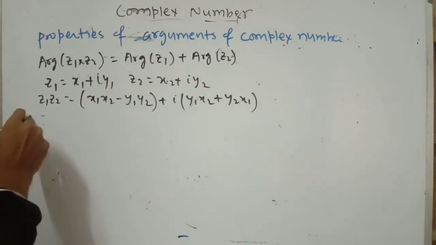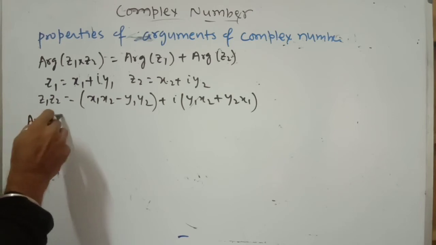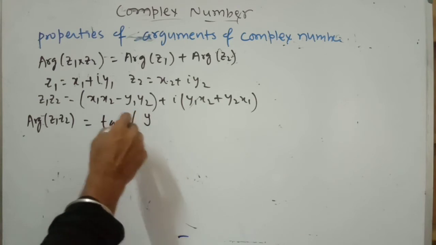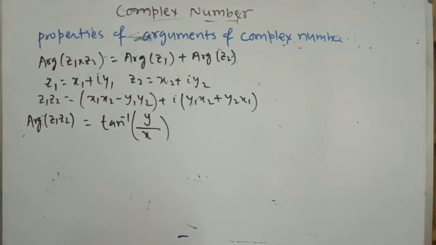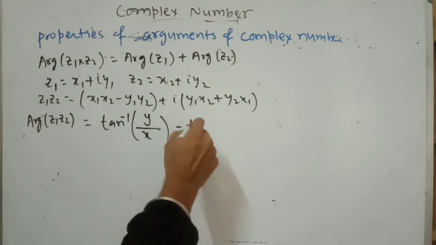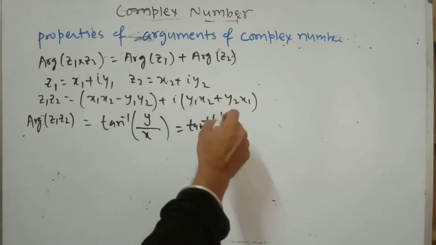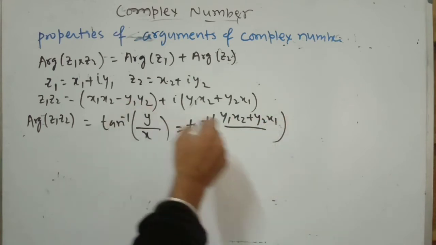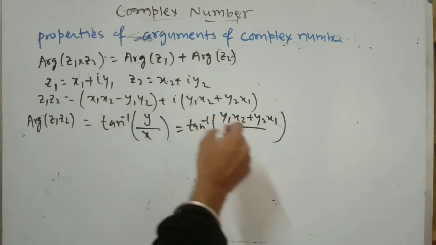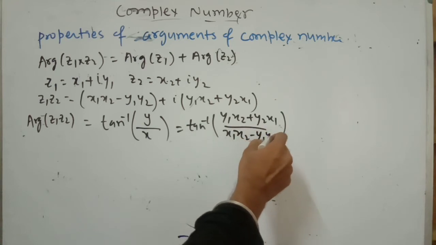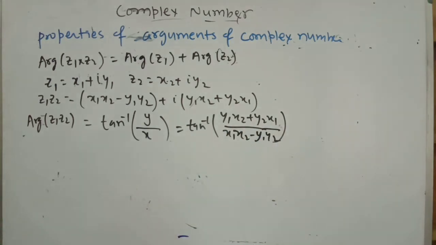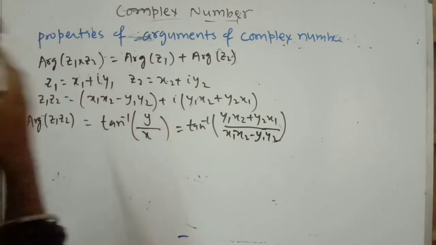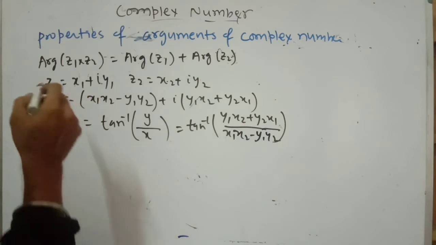After that, when you find argument of z1 z2, we know that it is tan inverse of the imaginary part divided by the real part. So here the imaginary part is y1 x2 plus y2 x1, and the real part is x1 x2 minus y1 y2. Now on the right side, I am going to find the argument of the individual complex numbers.